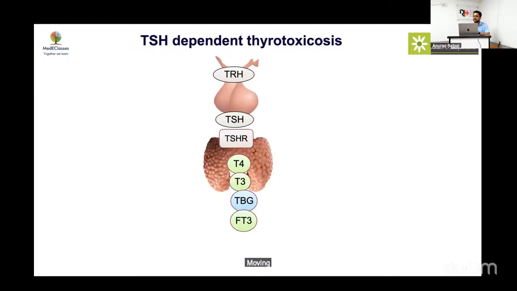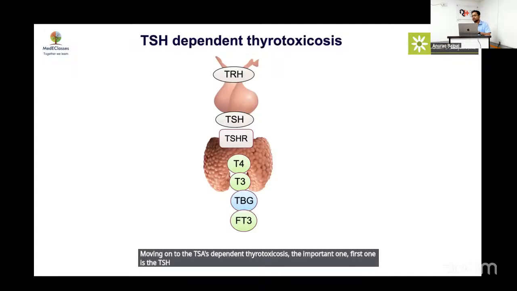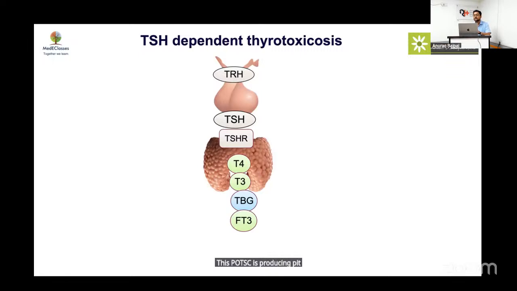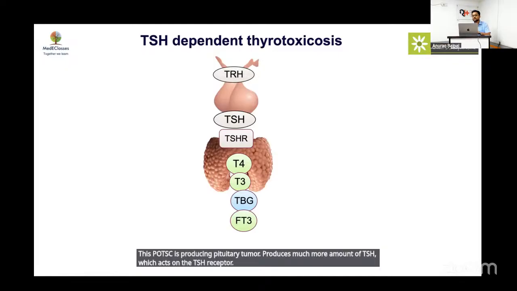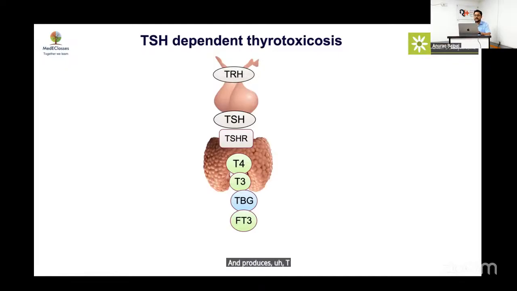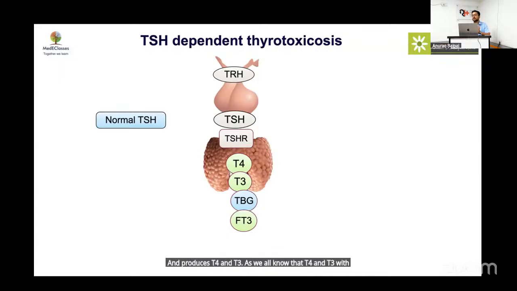Moving on to the TSH dependent thyrotoxicosis, the important one, first one is the TSH producing pituitary tumor. This TSH producing pituitary tumor produces much more amount of TSH, which acts on the TSH receptor and produces T4 and T3. As we all know that T4 and T3 with TSH have a log linear relationship.